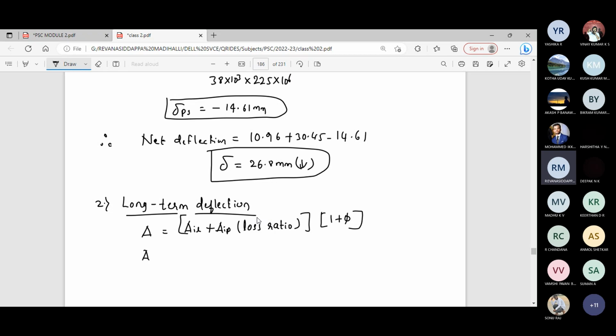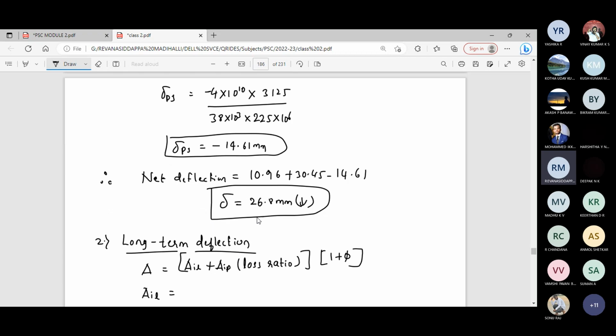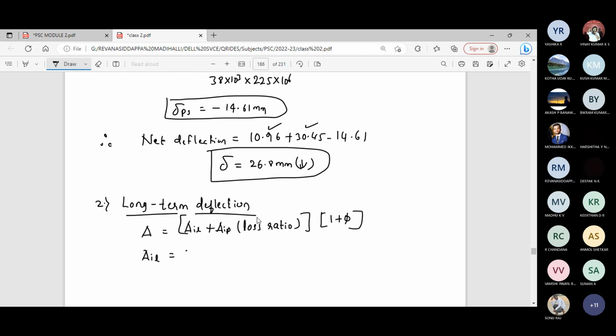So delta IL is nothing but deflection due to only loads, live load and the dead load. Deflection due to dead load is 10.96, deflection due to live load is 30.45. So 10.96 plus 30.45 gives 41.41 mm.